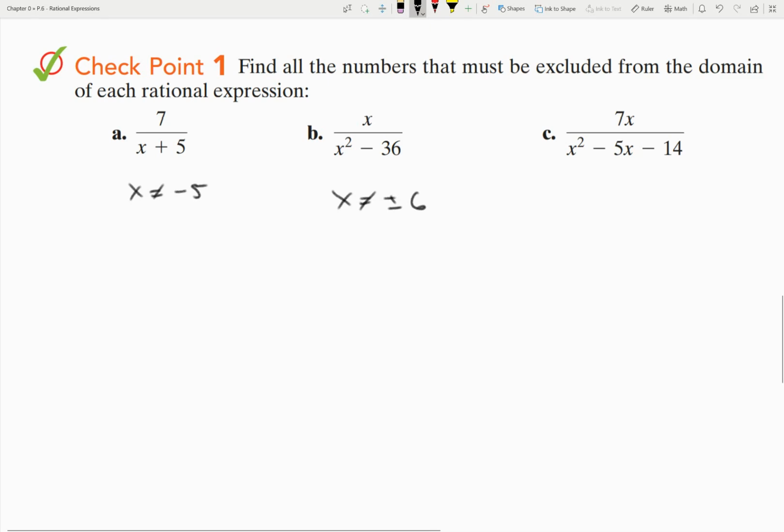And then for part C, we should probably look at the factored form of this expression, because that will be a little bit easier to help us decide where the denominator is going to be equal to 0. So I'll rewrite this in its factored form, and I get x minus 7, x plus 2, which means that x is not going to be equal to 7 or negative 2. I should have written it the other way, smaller to bigger, but it's fine.